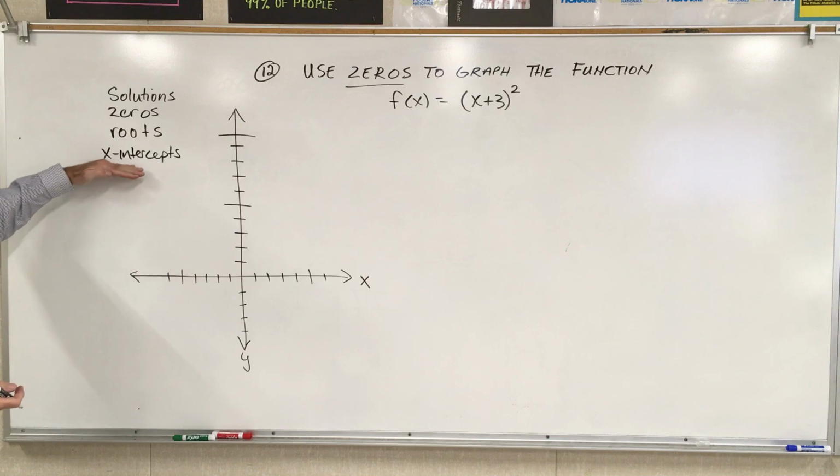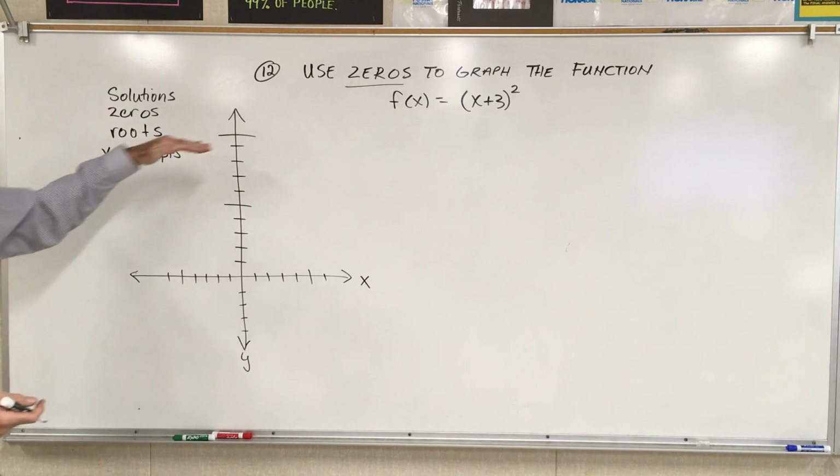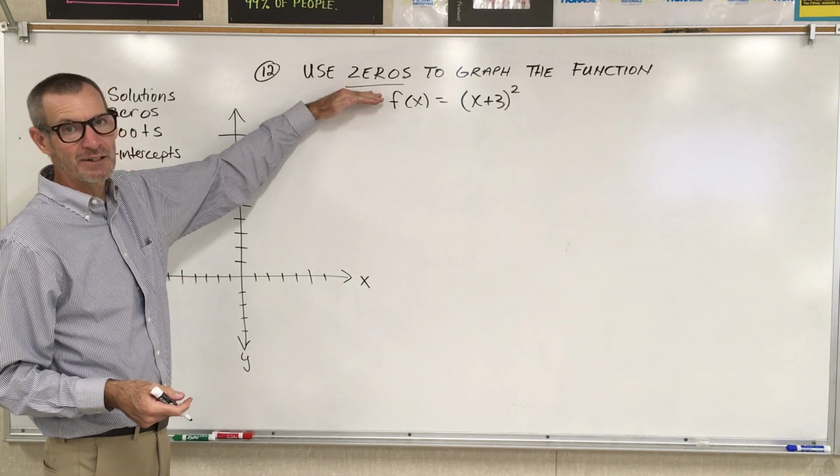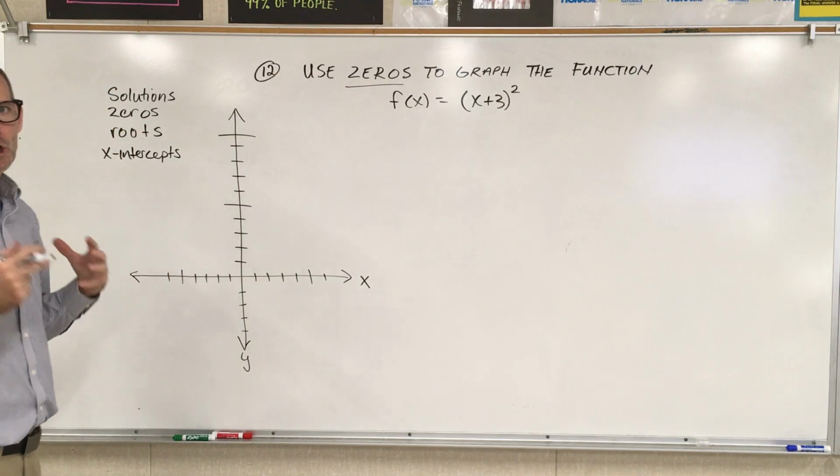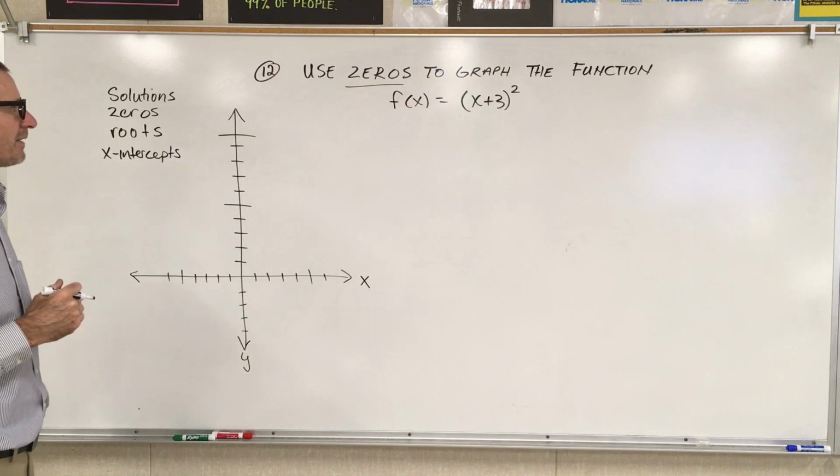So we've been graphing by looking at the x-intercepts, and now they're asking us to graph by looking at the zeros. These problems are the exact same problem. They're just changing the vocabulary on us a little bit.